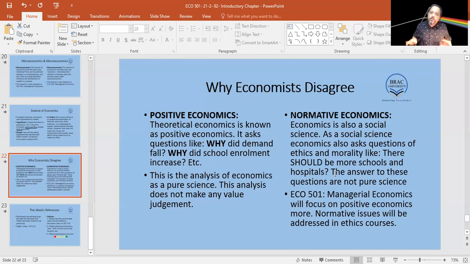Another person says, no, it's okay. This type of argument is an argument in the gray patch of a spectrum. It's not in the black patch, it's not in the white patch. Black patch is an established matter. White patch is also an established matter. When economics discusses something in the gray patch, then there will be confusion among two different people. The conclusions may be different.